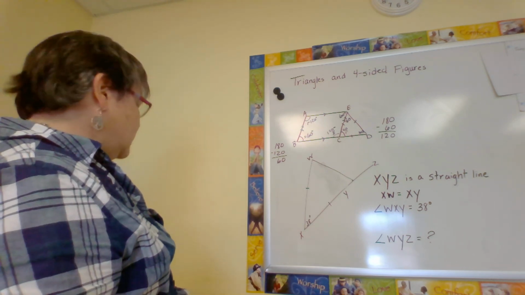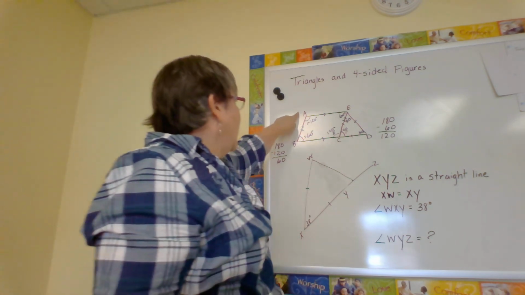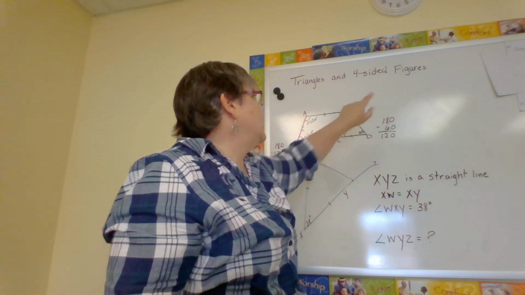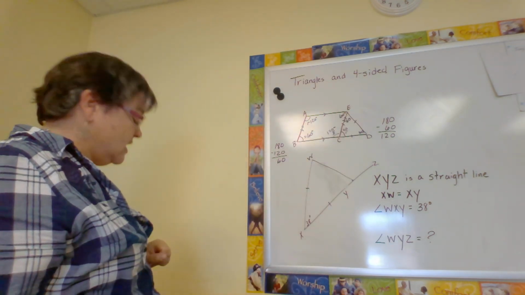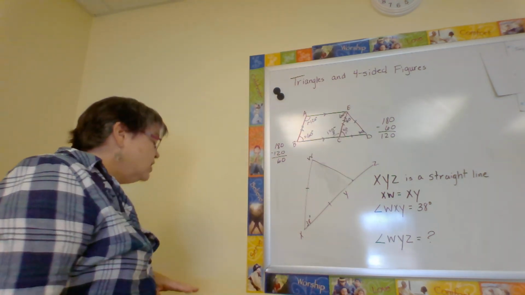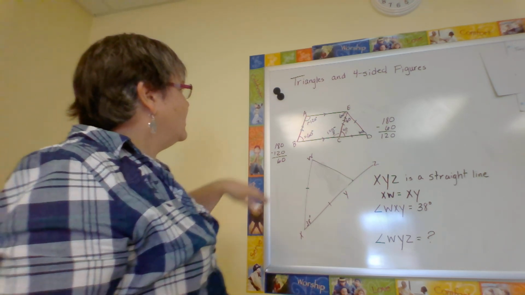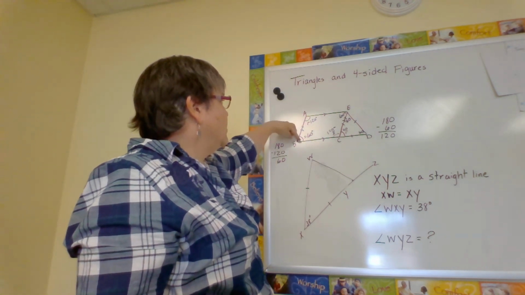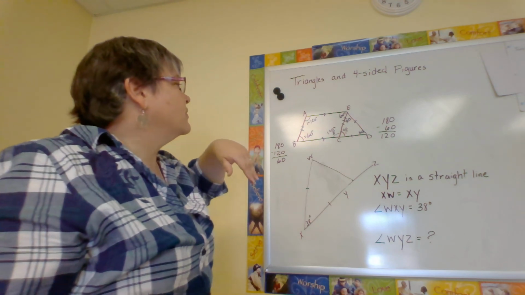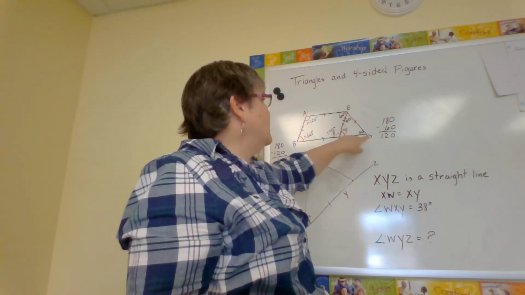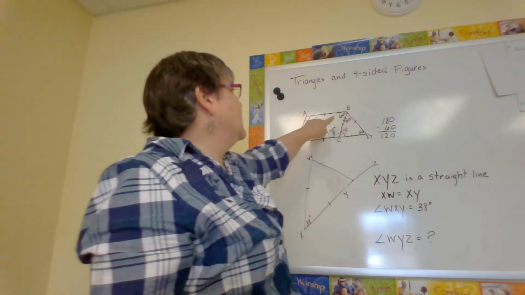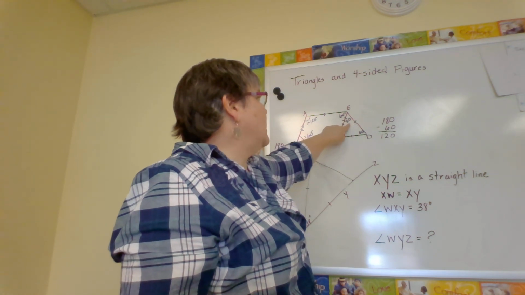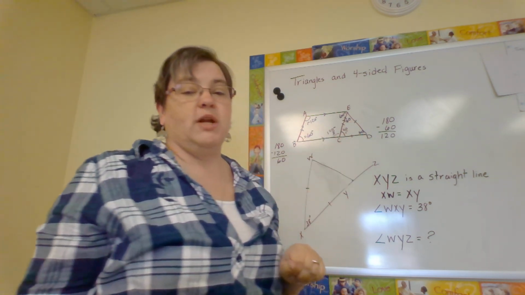I can also say that ABDE is a trapezoid. So I can say that this side of the trapezoid equals 180, which we've proven. Let's see if this angle and this angle equal 180. 60 and 60 is 120. 120 plus 60 is 180.